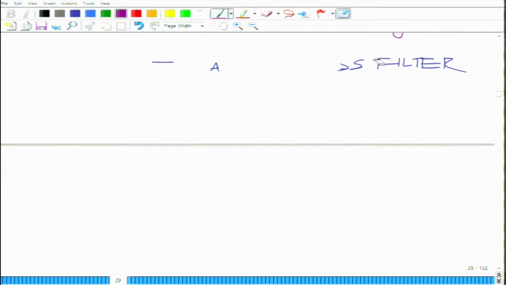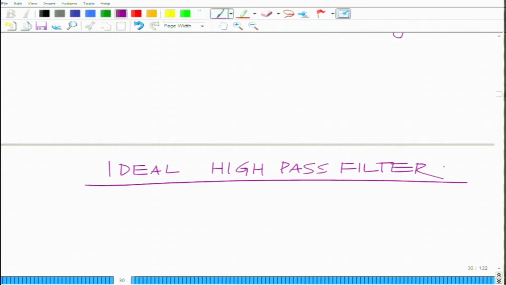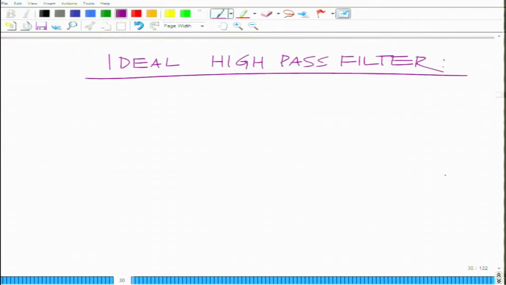Let me just write it on a new page. In an ideal high pass filter, as the name implies, it is the exact opposite of a low pass filter.